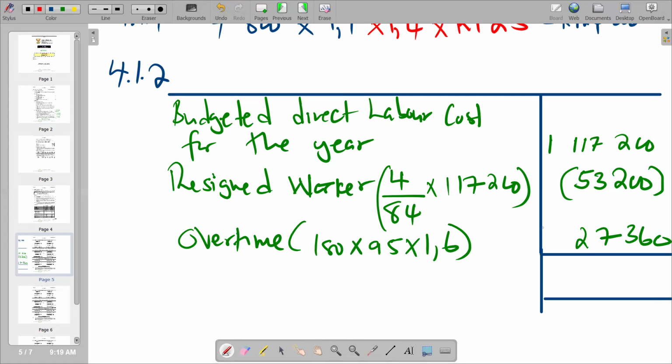So to get the total direct labor cost, we're going to say 1,117,200 minus 53,200 plus 27,360. Then we get the total for direct labor costs, which is supposed to be 1,091,360.